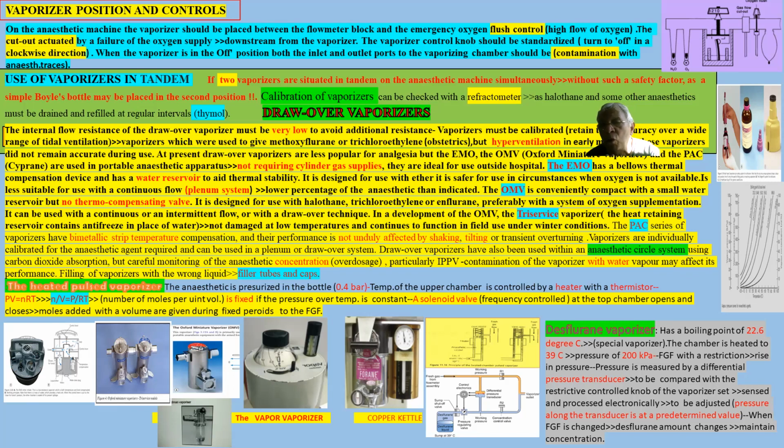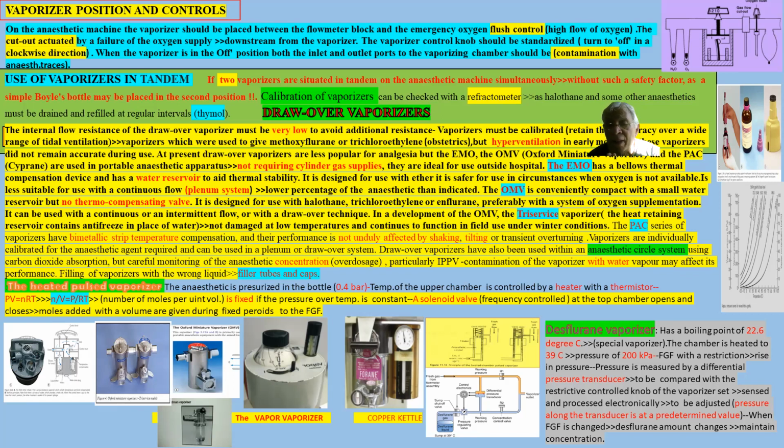And this is the copper kettle. I forgot to tell you two things about the copper kettle to control the thermal compensation. It has two flow tubes. One of them is bypassing, the other one goes to the vaporizer chamber by itself.